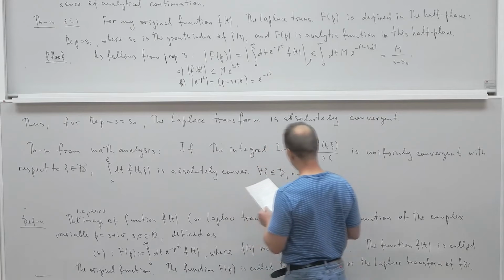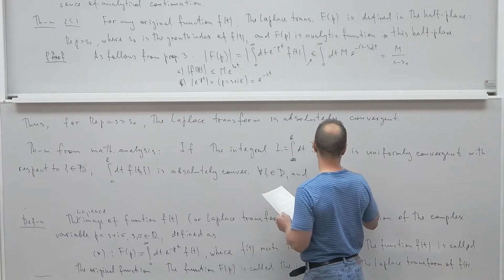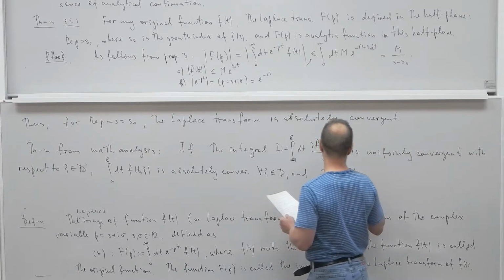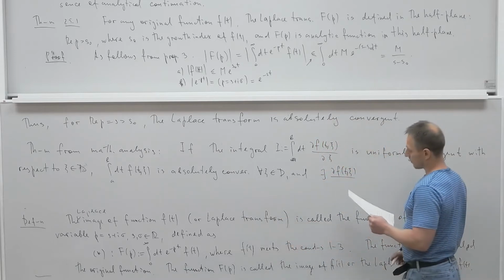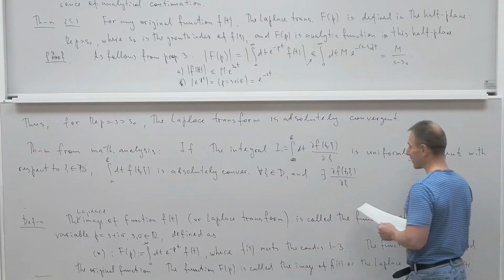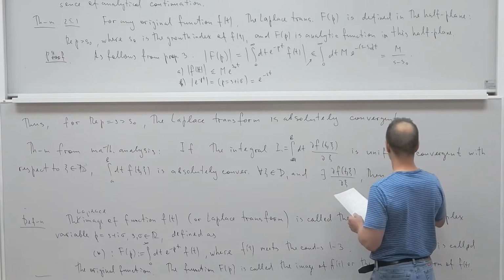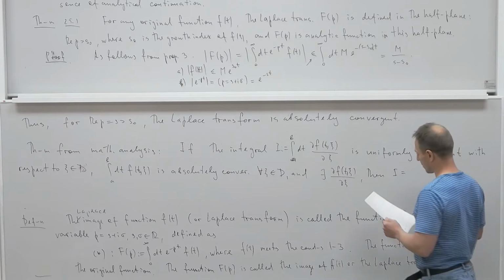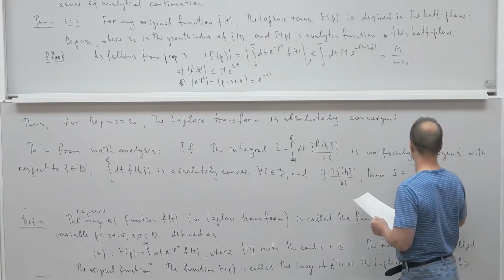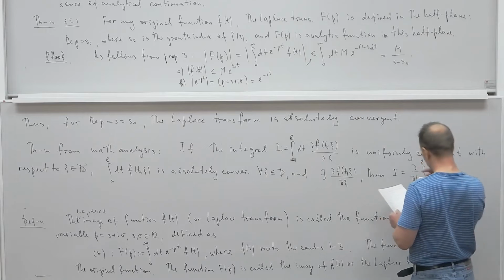and the derivative of the integrand with respect to xi exists, then the integral I is equal to the derivative of such an integral.